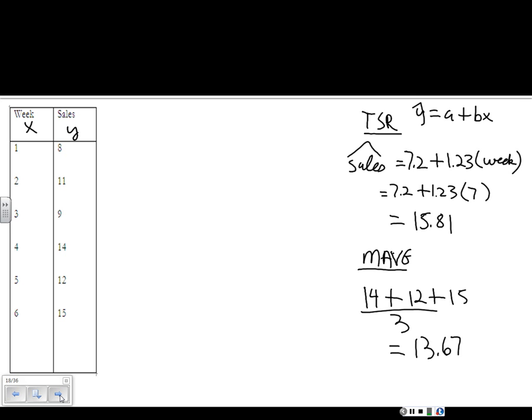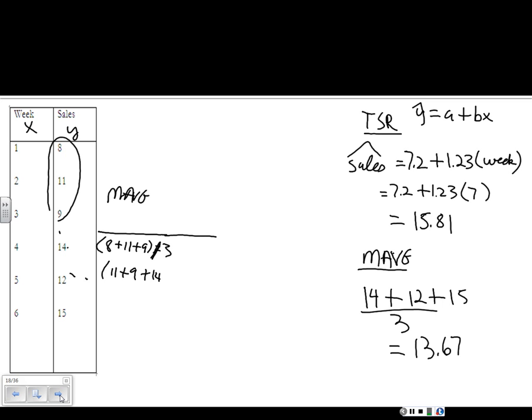So what we'll do is we'll use each one of those as if we had done it before. And so we can't do the moving average until week 4. So this is my moving average column. And so in week 4, we're going to have 8 plus 11 plus 9 divided by 3. Always the previous 3 weeks. And then for the next week, 11 plus 9 plus 14.